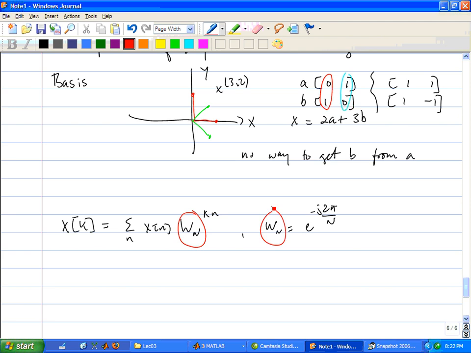Essentially all you're saying is that the signal x of k is a linear sum of all your bases, right? So in this case, let's say N is 3.